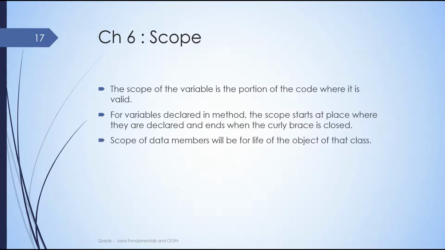The scope of a data member will be for the life of the object of that class. We'll be talking about classes and objects in the next part. The scope of static data members will be for the life of that program. We'll be introducing static members in the later sections.